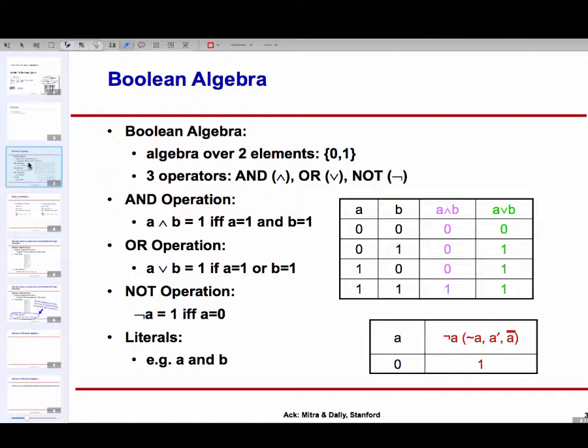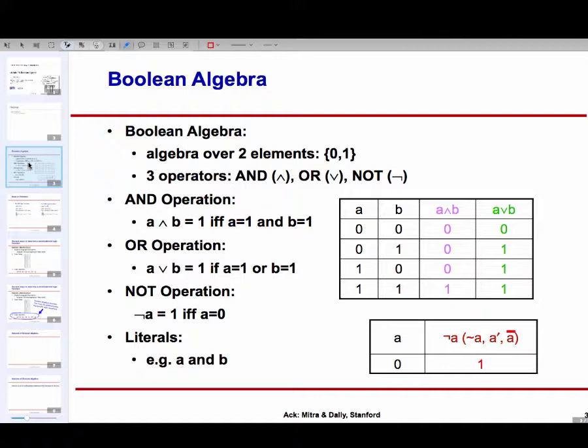The AND operation means, if I have two Boolean variables A and B, then A and B is 1 if and only if A and B are both 1. That's the intuitive notion of AND. The OR operation says A or B is 1 if A is 1 or B is 1. As you can see, 1 means true and 0 means false.